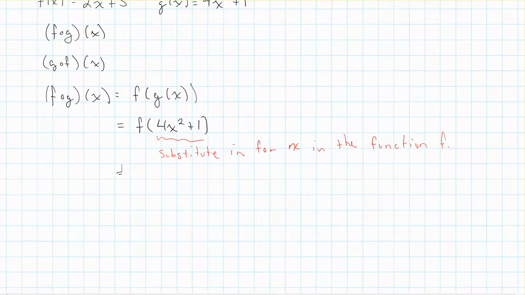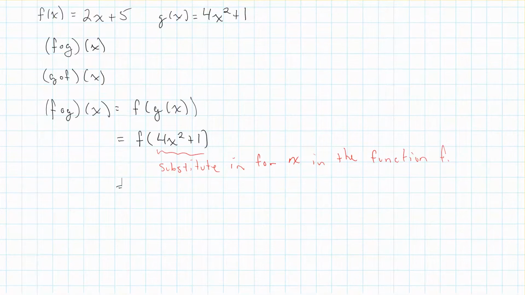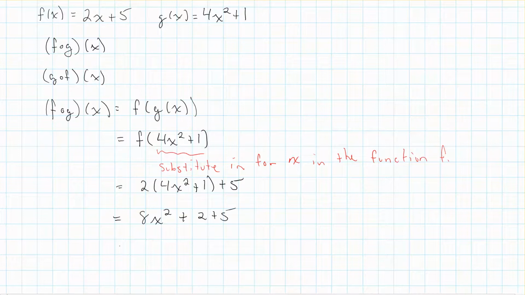This would be then 2 times 4x squared plus 1 plus 5. And so then we just multiply this out, simplify it, to get our final answer, which would be 8x squared plus 2 plus 5, which of course would simplify to 8x squared plus 7.